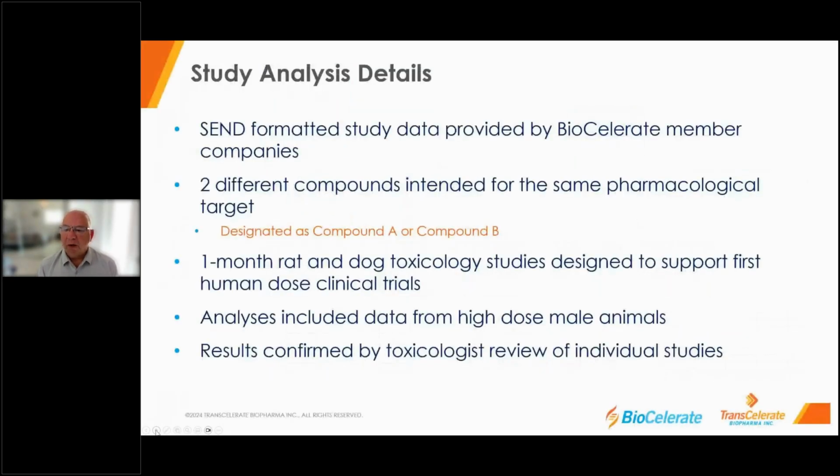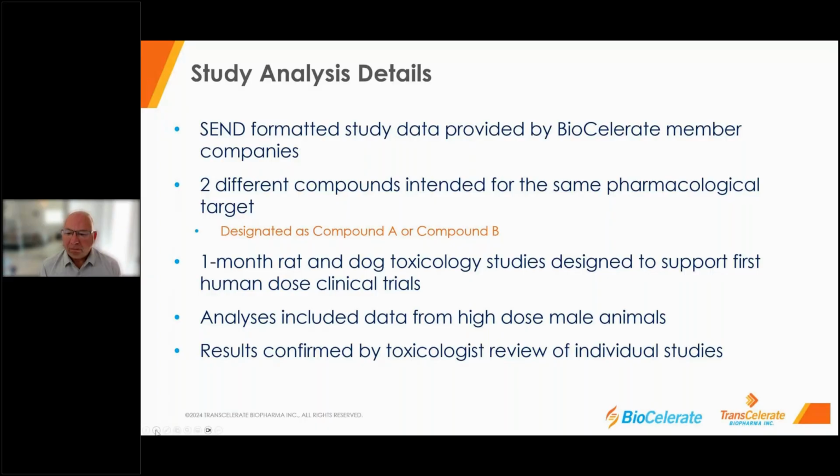Yeah. So the source of the data that we used for our analysis is SEND formatted data that was provided by BioCelerate member companies. BioCelerate has a data sharing consortium with member companies where we share toxicology data, and we found in that data set that we had 2 different compounds intended for the same pharmacological target.